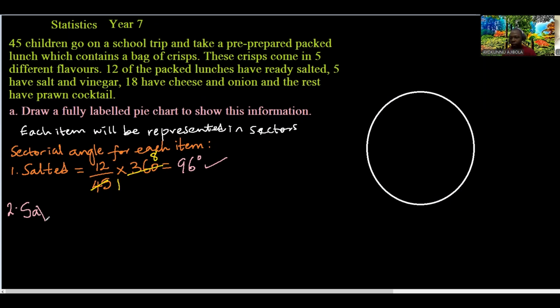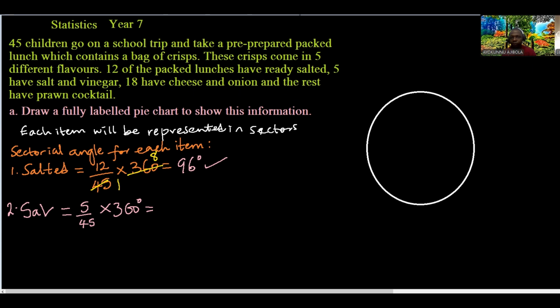Let's call it SAV. So for the salt and vinegar, which is SAV, how many? We have 5 out of 45 times 360 degrees. Please make sure you're not distracted by anything on your screen.